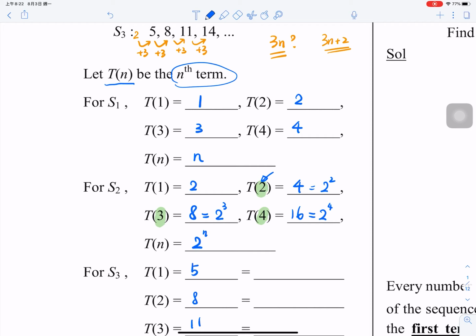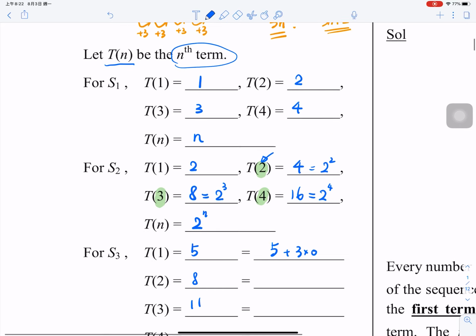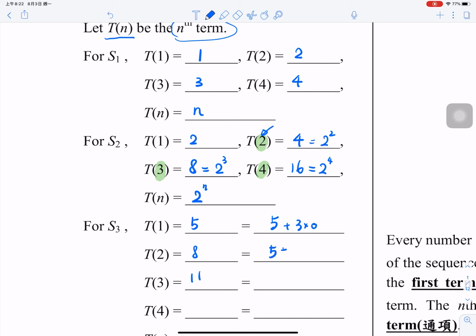S3, the first term is 5. And you know that this time it is 5 plus 3 times 0. And this one 5 plus 3 times 1.